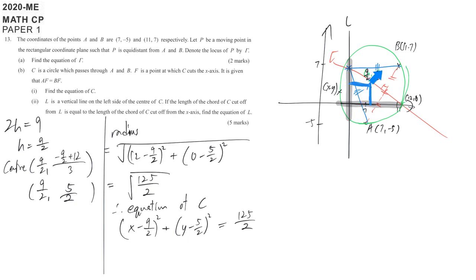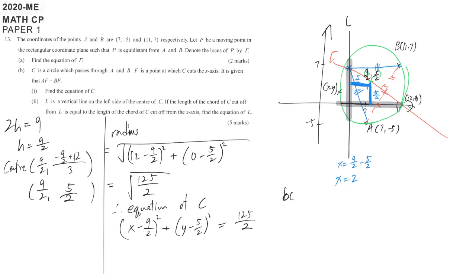It is the y coordinate, 5 over 2. Which means that this line is located on the left hand side 5 over 2 units from 9 over 2. So we can find out this is x equal to 9 over 2 going left by 5 over 2. x is equal to 2 is the equation of L.